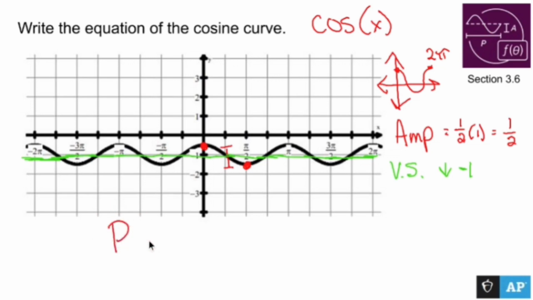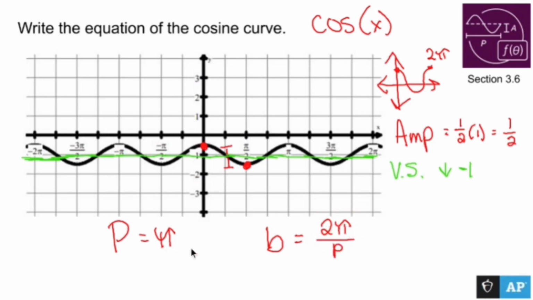So if your period is every pi, period is also given to you by figuring out what your frequency is. Now, frequency, when written out, is the number attached to x. The way you find out what your frequency is, and I like to call my frequency B, is you take 2 pi divided by the period.